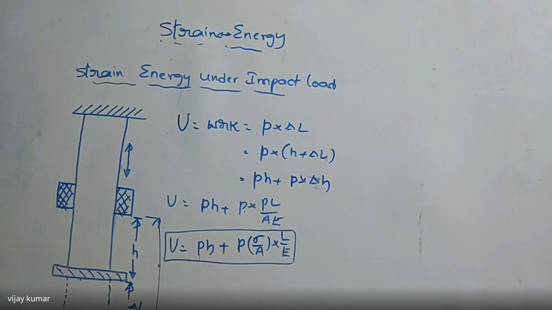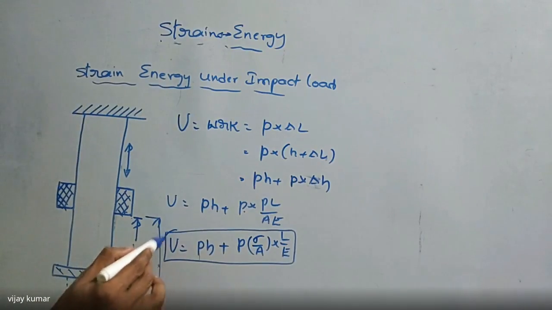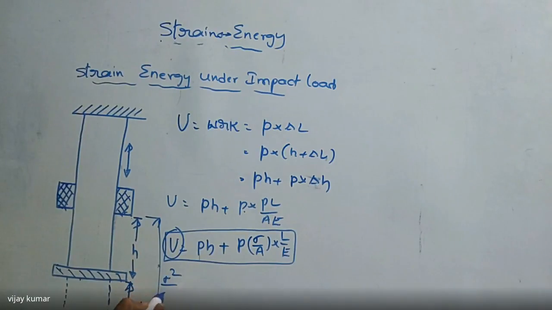After impact, it is equal to a gradually applied load, so we can write sigma square by 2E into volume. Volume is area into length. So sigma square by 2E into volume is equal to PH plus P into sigma by A into L by E. Did you get my point or not?